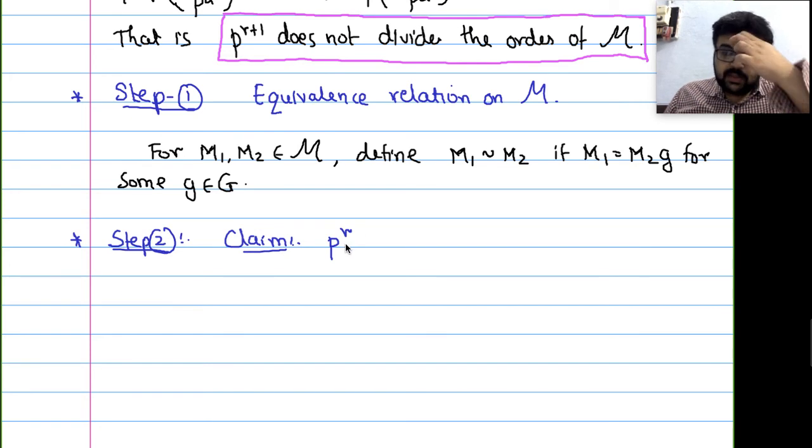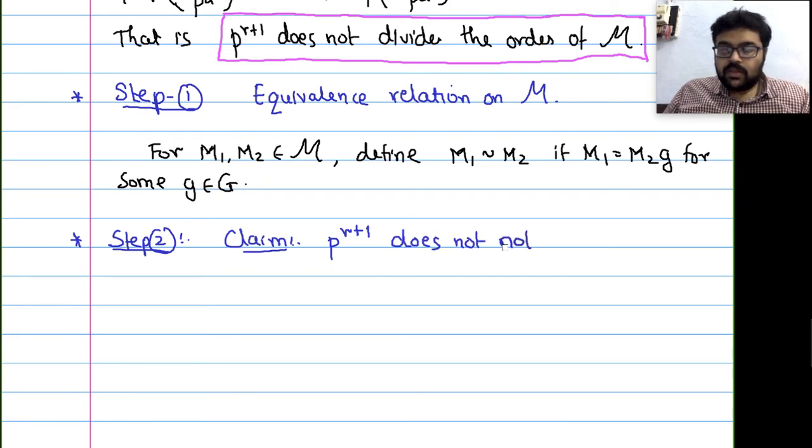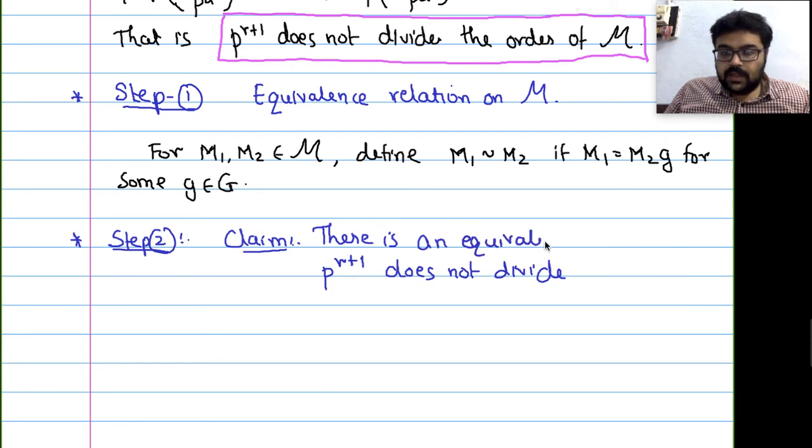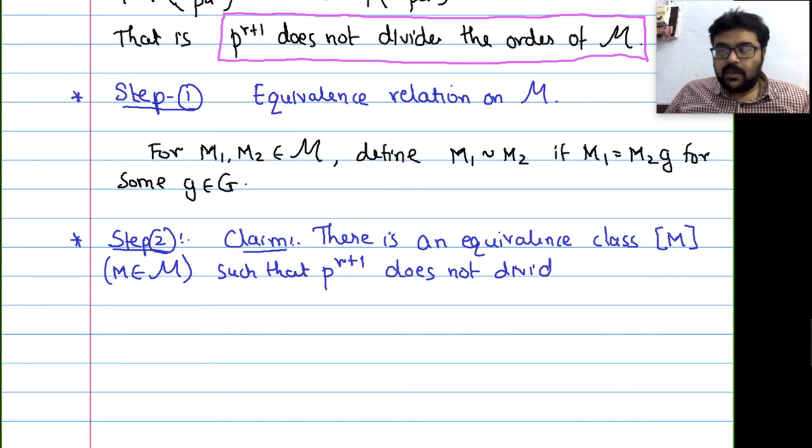So we now talk about equivalence classes. We claim that there is an equivalence class, denoted by the class of some M, where M is an element of the script M, such that p power r plus 1 does not divide the number of elements in this class.